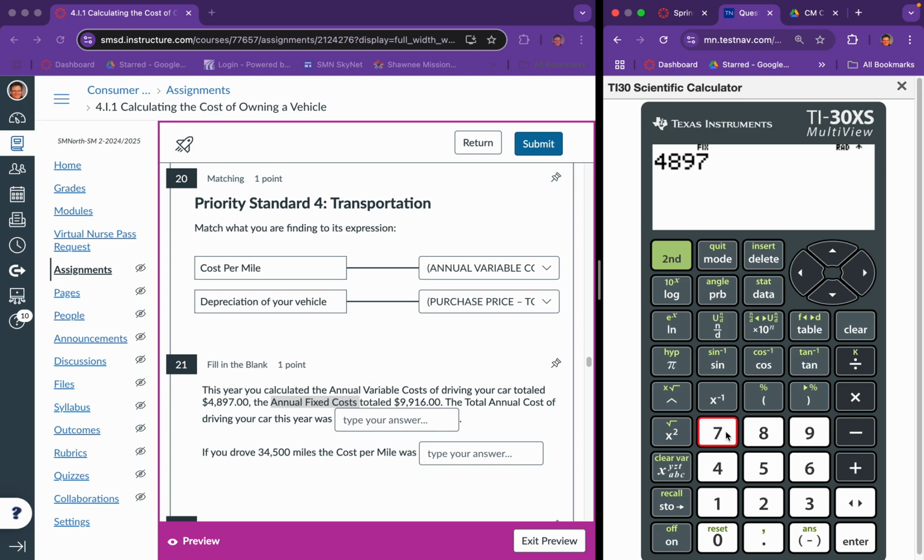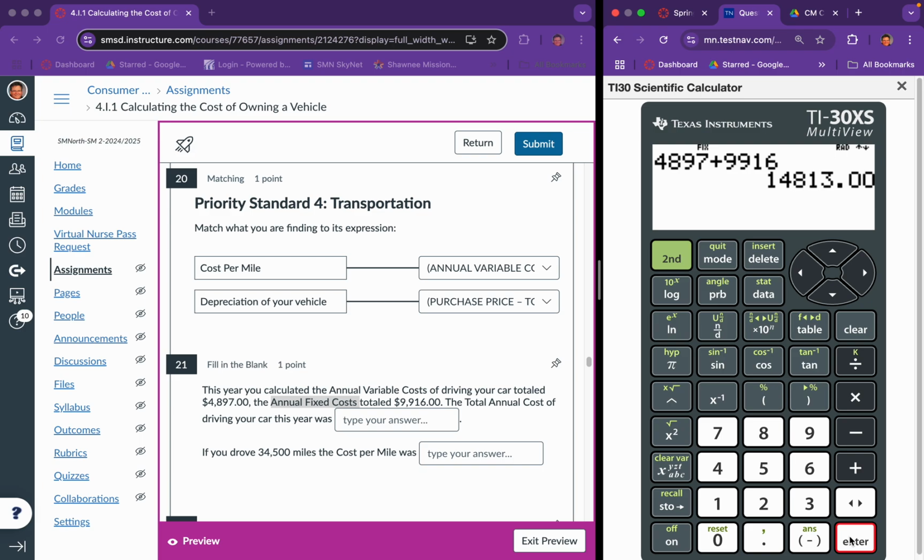Those are things like gasoline, oil, maintenance, repairs, toll booths, parking, cleaning, whatever. That's money you've spent out of your pocket on your car. Plus $9,916. That's how much money you've spent on things such as tags, title, registration, the loan that you've taken out for your car. Those things.